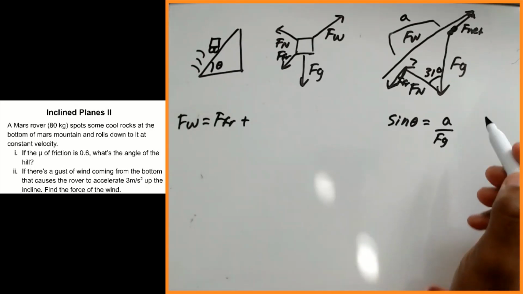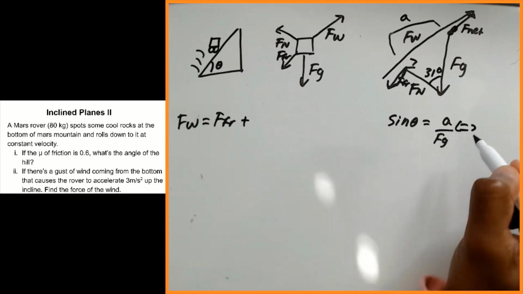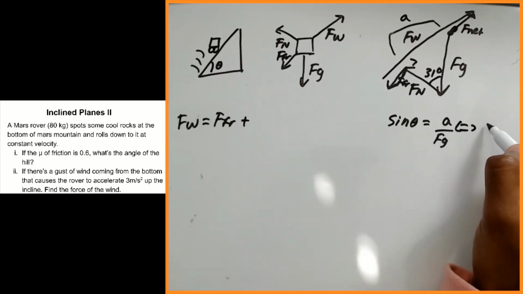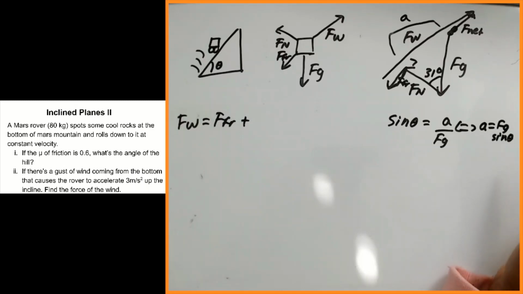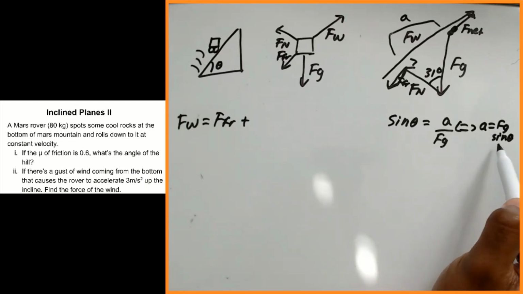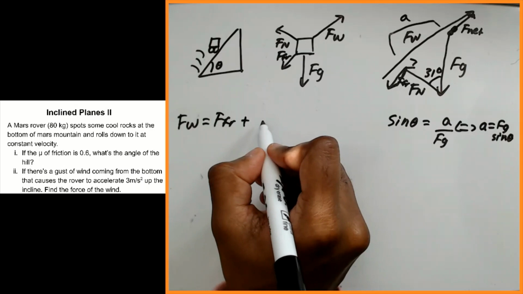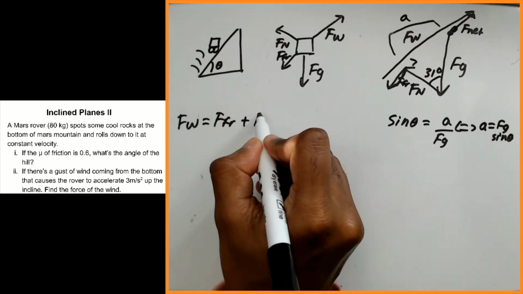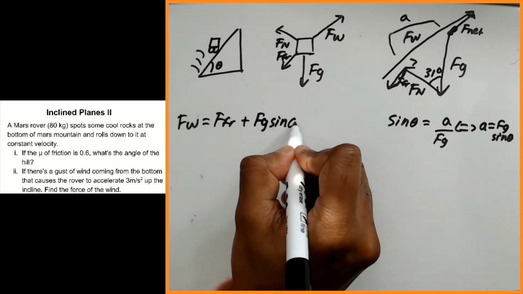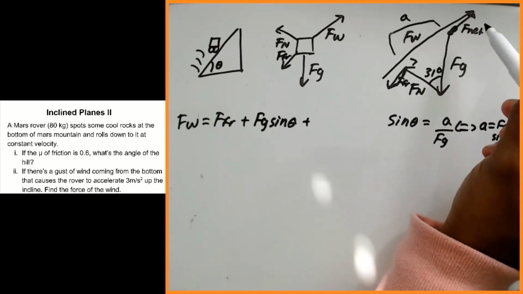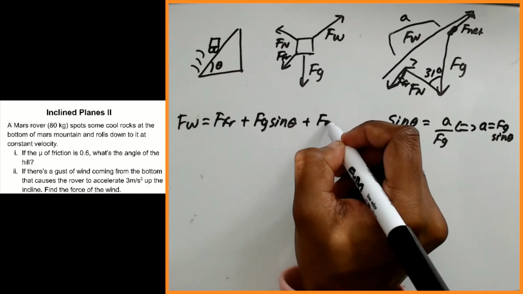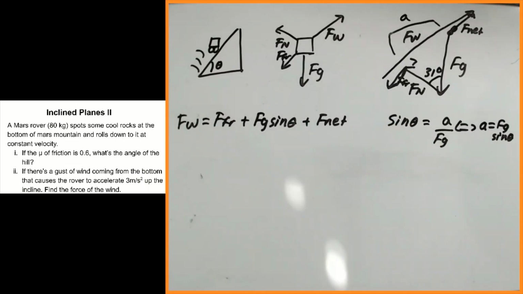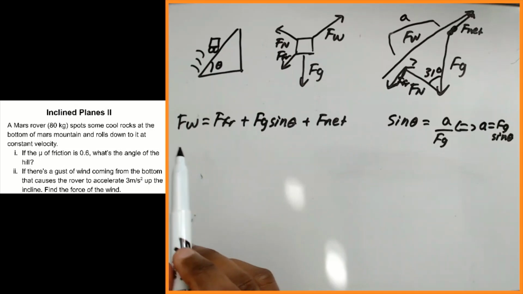And if we just move that over, what we get is that A is equal to Fg sine theta. So if that's what A is equal to, we're going to plug that in over here. So we get Fg sine theta plus the last component over here, which is Fnet. All right, so that's our definition for F of W.